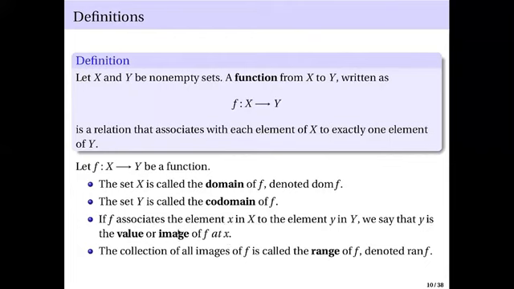And then if we collect all the images of F, we call that set the range of F. So do not be confused with this set here. It's called the codomain. The range of F is the collection of all values or images of F at x.